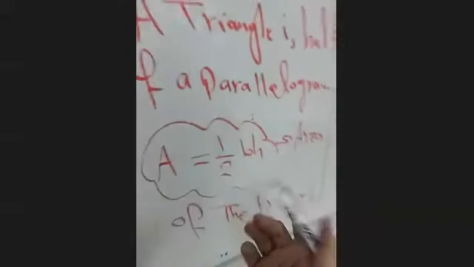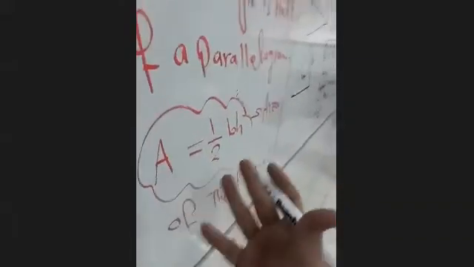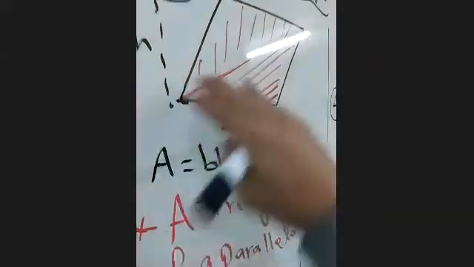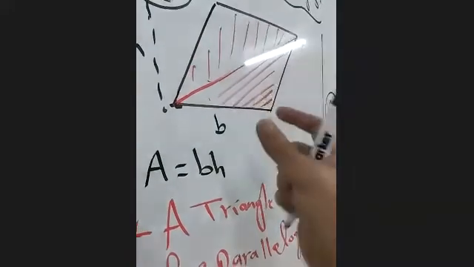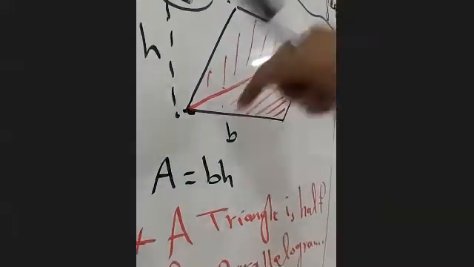So this is how we find the area of the triangle. It's an easy formula, but I want you to know where it comes from. What is the process to find the area of the triangle? Keep in your mind, a triangle is half of a parallelogram. So the area of the triangle is half of the area of the parallelogram.